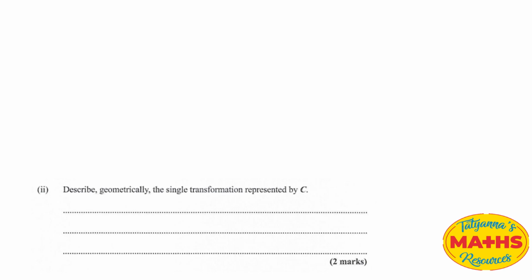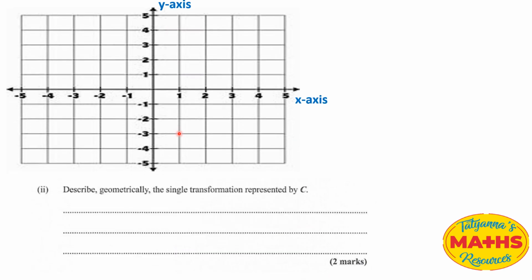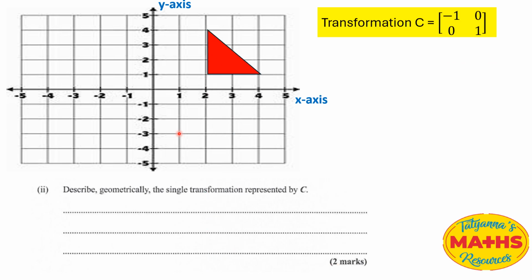So here we have describe geometrically the single transformation represented by C. What we're going to do is use our Cartesian plane. We're going to have this triangle, and remember the transformation C was -1, 0, 0, 1. So we're going to use this triangle here, one of its coordinates.